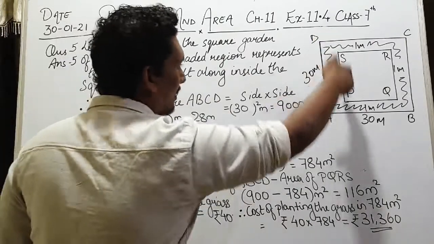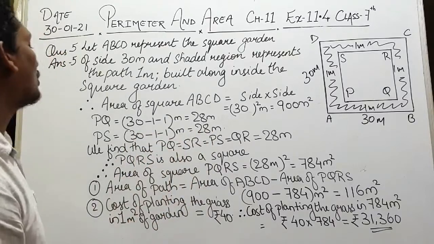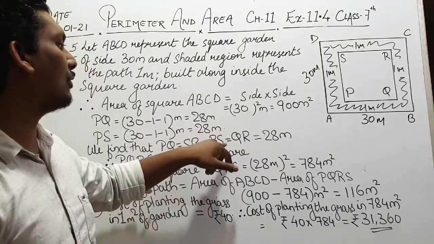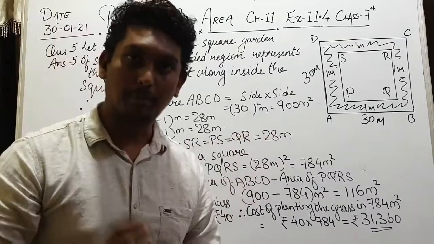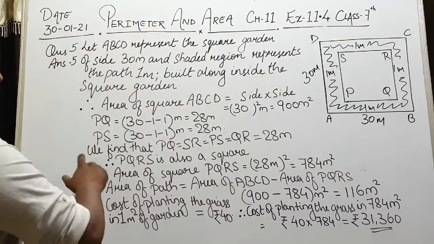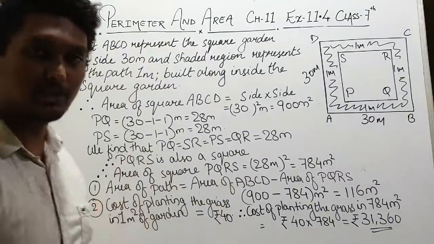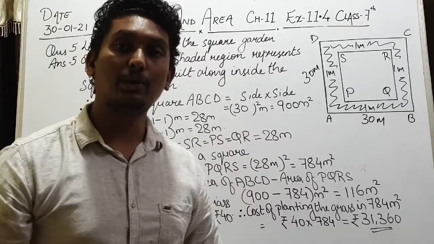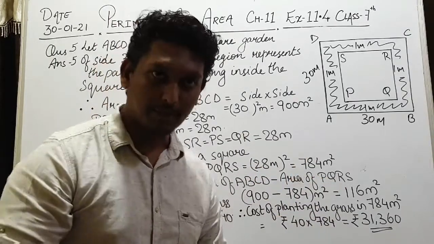PS also, we are talking about the breadth, 30 minus 2, that is 28. So we find that PQ is a square, so PQ is equal to SR is equal to PS is equal to QR, that is 28 meter. Since it's a square, the area of PQRS is side square. So side into side, that is 28 into 28, that you will get 784 meter square.